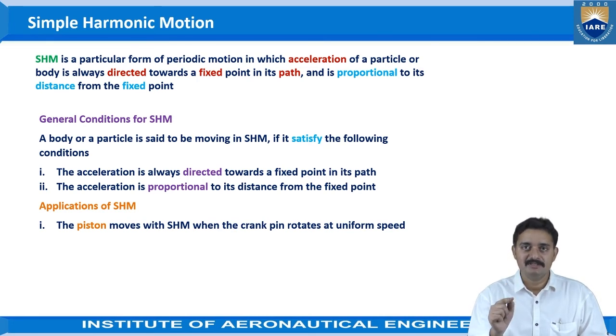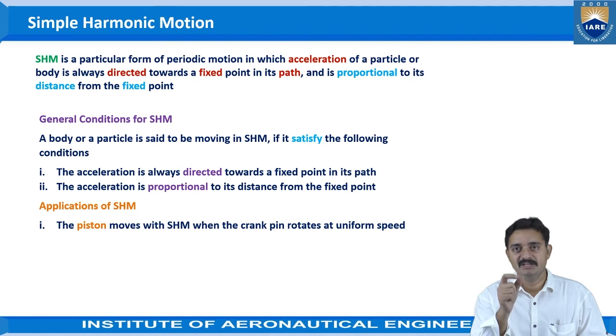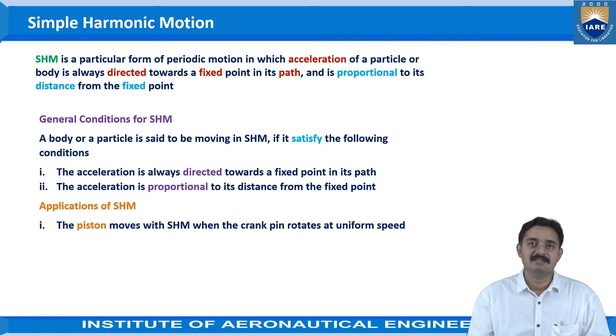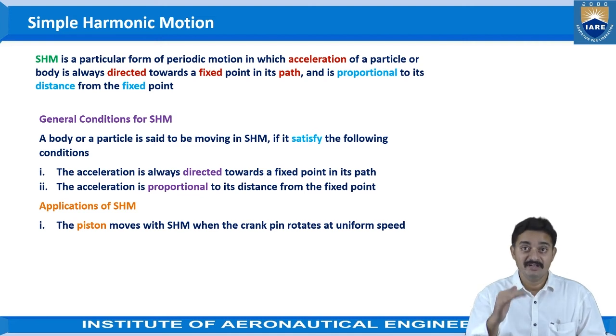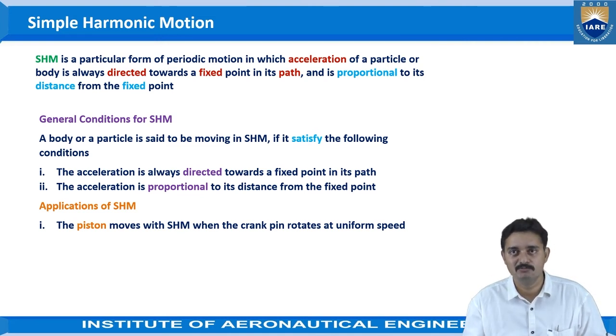When this crank pin is rotating, the piston which is connected to the crank will be moving in a linear fashion. So this movement of the piston will be considered as simple harmonic motion, and these two conditions will always be satisfied by that movement.